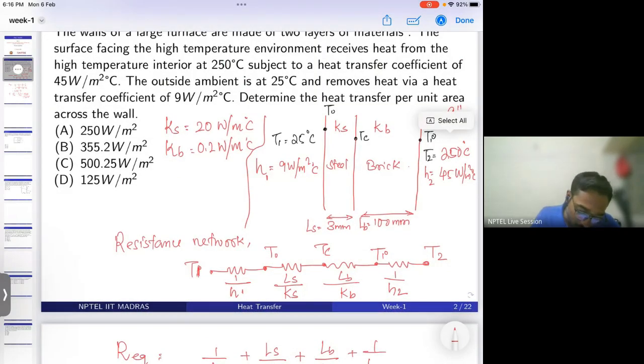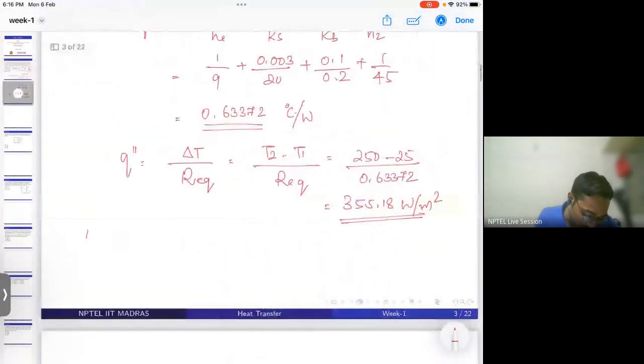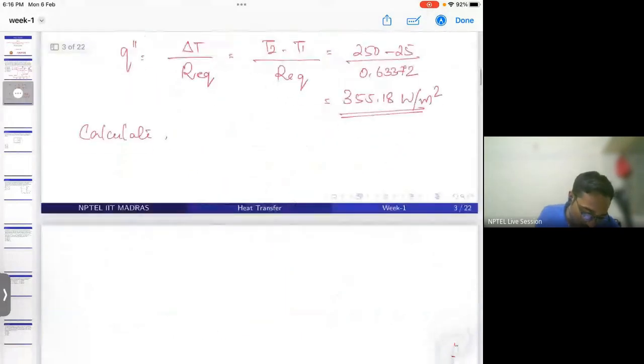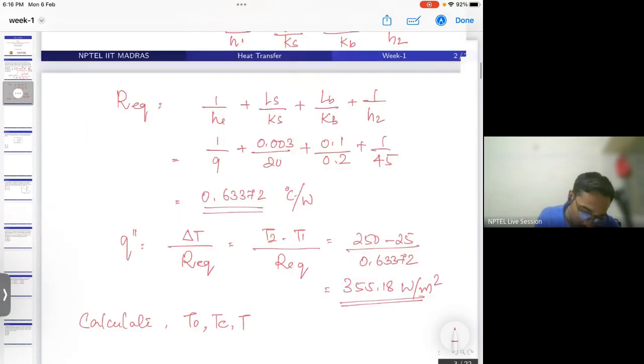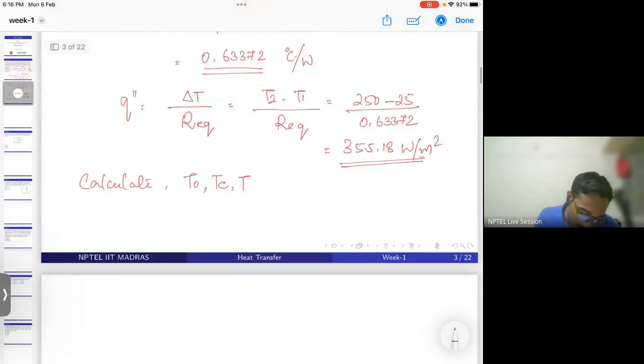Now I want these intermediate temperatures, that is T0, TC, and TI. So please calculate this T0, TC, and TI.